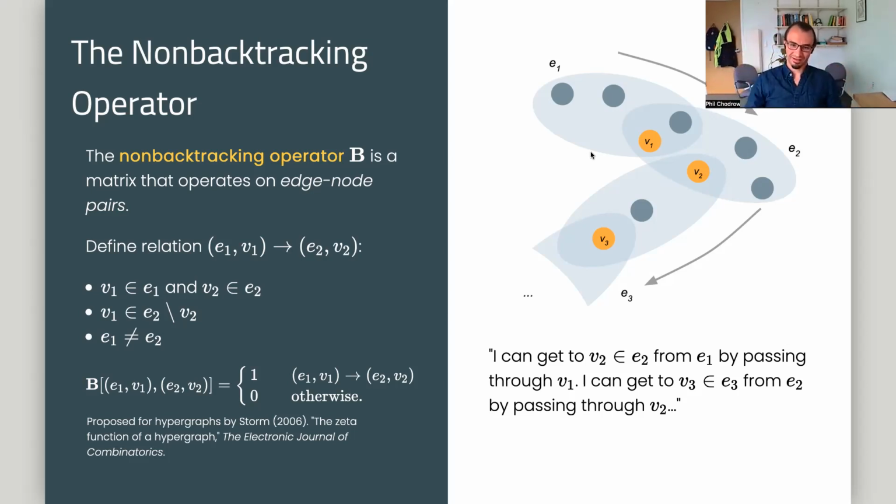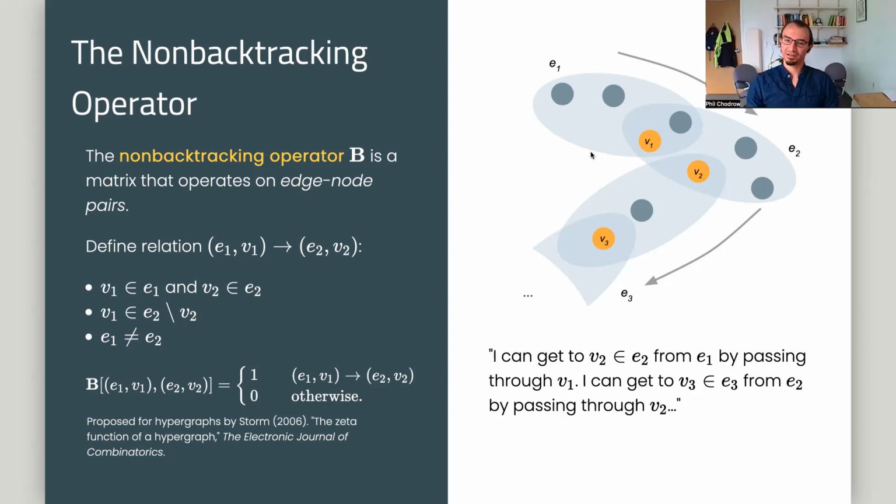The symbols here defining this operator are, in my opinion, pretty unenlightening. The idea is simply that I can hop from node to node in a hypergraph, and I can do those hops in such a way that I never hop to 1 node and then back to that same node, and I never hop twice within the same edge in a row.